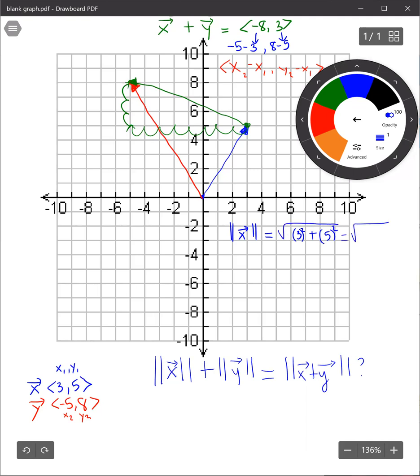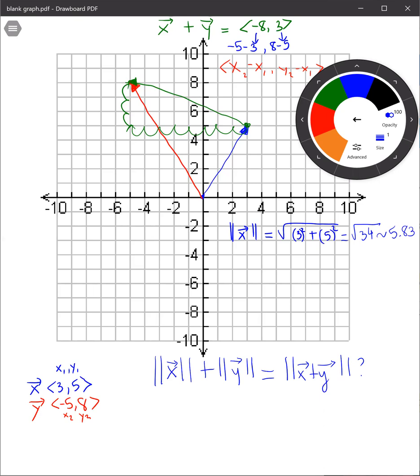And we get 9 plus 25, and this gives you 34. Okay, square root of 34, and it's approximately equal to 5.83. Okay, that's how we get the magnitude.